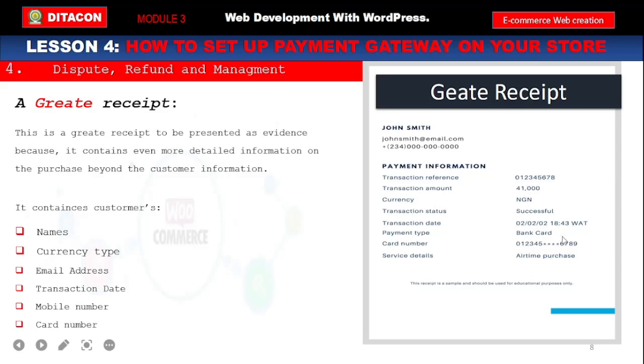Then payment type, bank card, card number is there, then service detail, airtime purchase. So this is a great receipt to be presented as evidence because it contains even more detailed information on the purchase beyond the customer's information. You understand that it contains the customer's name, currency type, email address, transaction date, mobile number, and card number. So it is good.